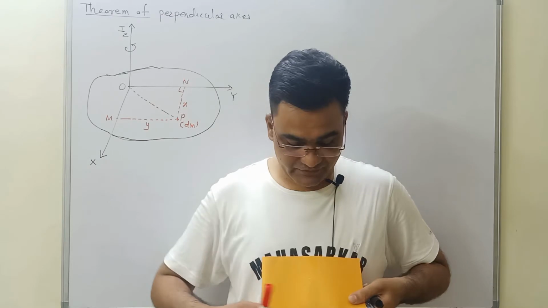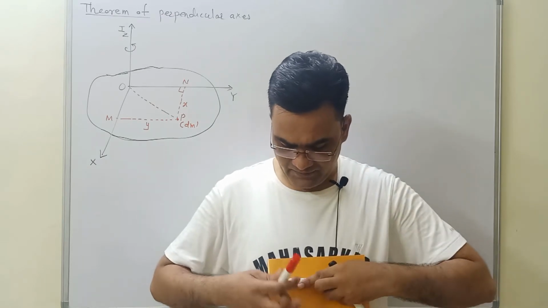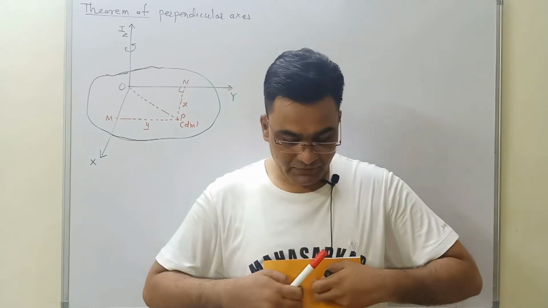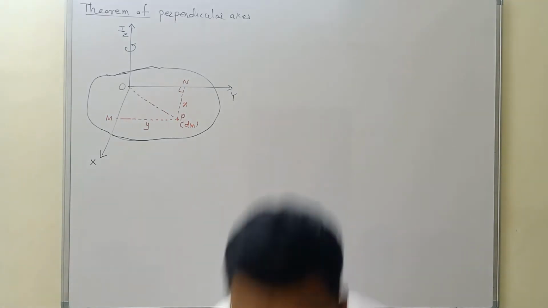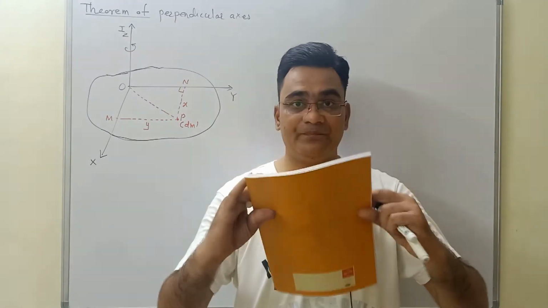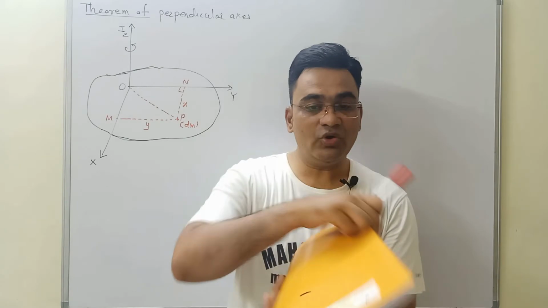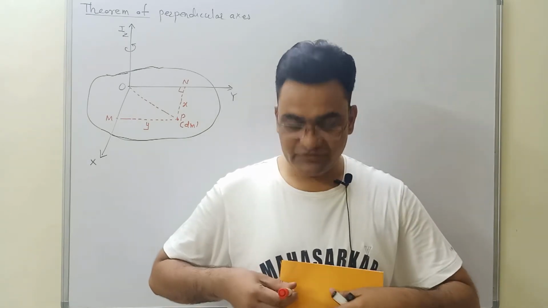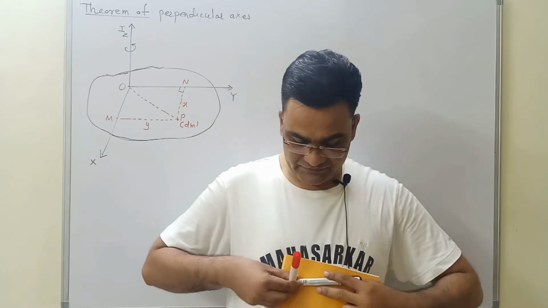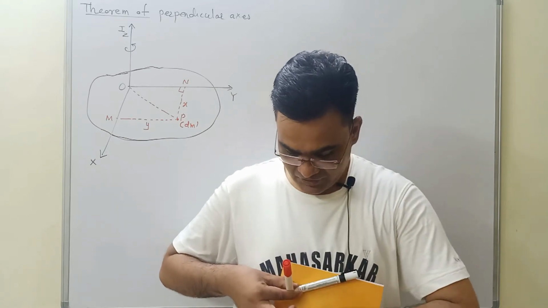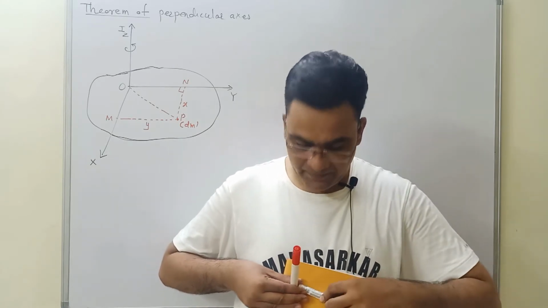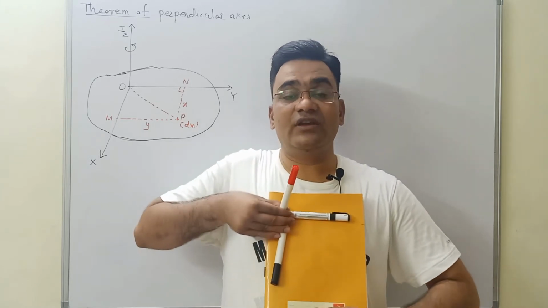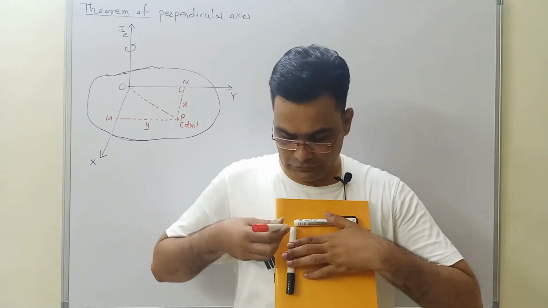Now the second axis is passing like this, meaning the notebook may be rotating in this manner, and the notebook may be rotated in this manner also. So these are three axes. The first axis is the perpendicular one, then the second axis and the third axis. All three are perpendicular, as you can see.